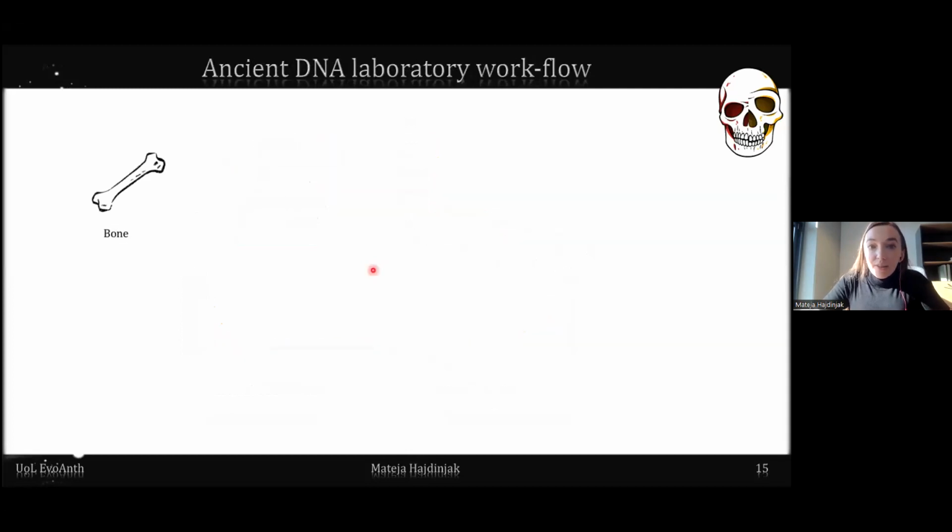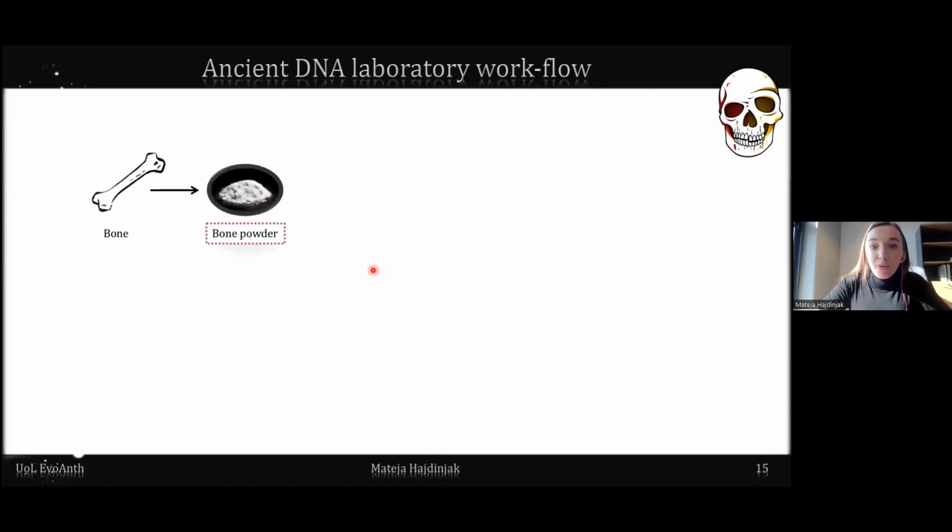And here is just a brief overview of the ancient DNA lab workflow for those of you who might not be familiar with how this process actually goes. So for me, I usually start with bones or fragments of bones or teeth. And in the last few years, a lot of people have also been working with sediments as a primary source of ancient DNA.